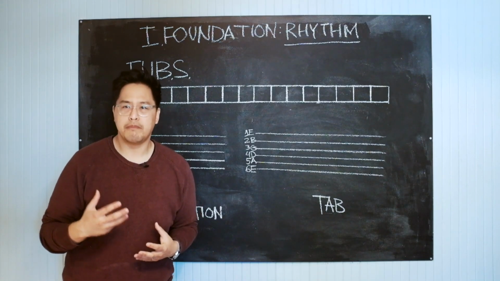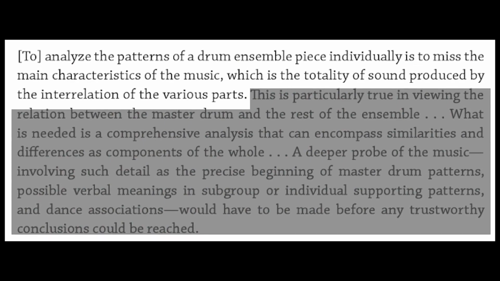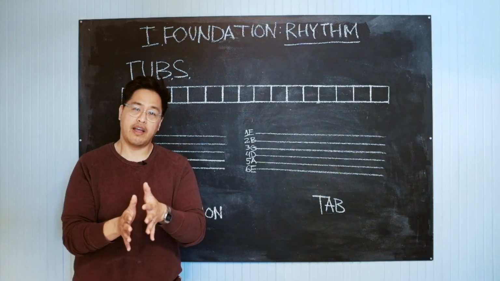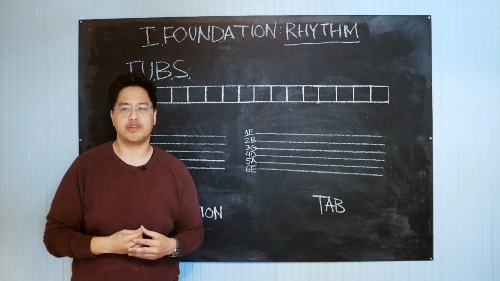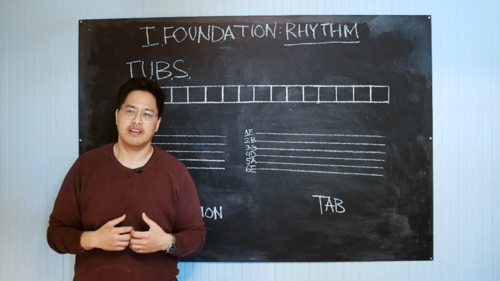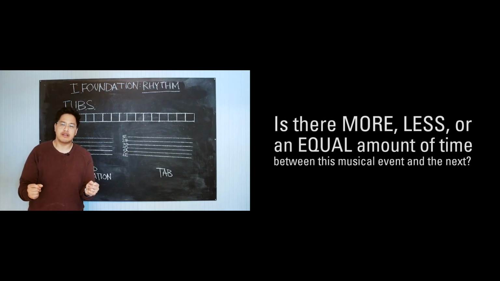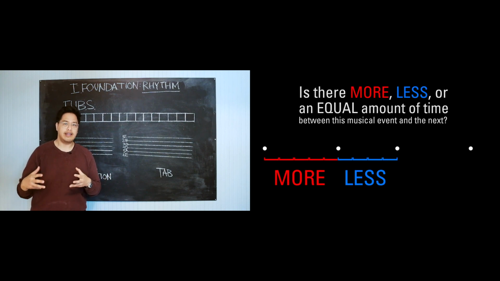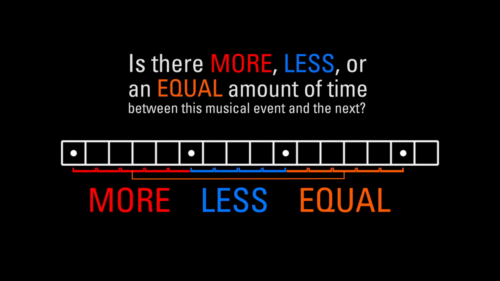What he thought mattered most in transcription was showing the fundamental ways in which their rhythms interlocked, when they fell together and when they drifted apart. This resulted in a striking yet unassuming visual representation of what was so great about the entire performance. In doing so, more basic questions snapped into focus. Is there more, less, or an equal amount of time between this musical event and the next?